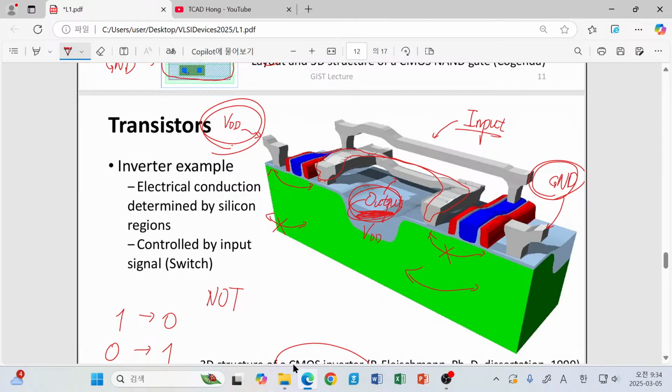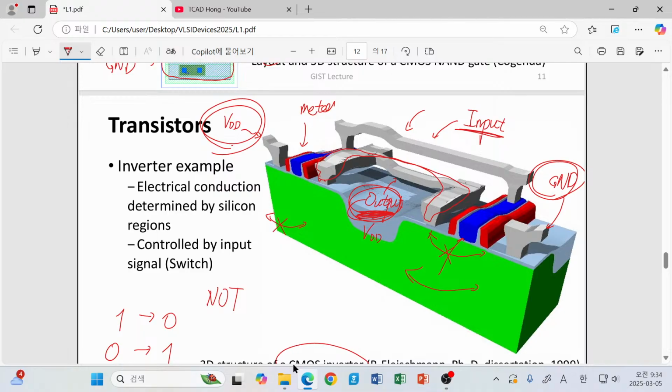That is done by this input metal, and by changing this input metal voltage, actually this metal is connected to these blue regions, and these blue regions are another metal. Although this guy is metal and this guy is also metal, they are made of different metal elements.